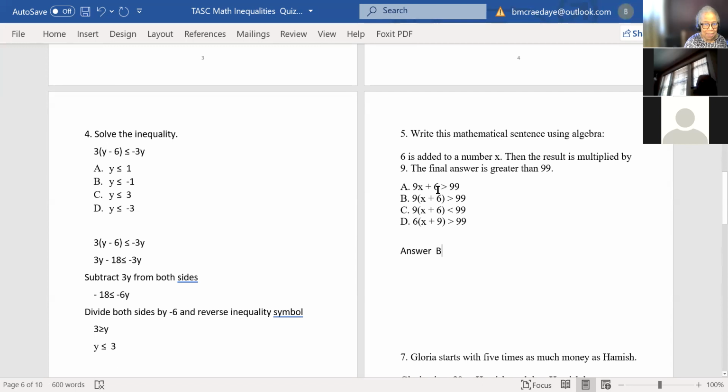That's not the same thing, right? Because it says 6 is added to a number and the result is multiplied by 9. So it can only be B, the greater than 99, the x added to the 6, and the result multiplied by 9.